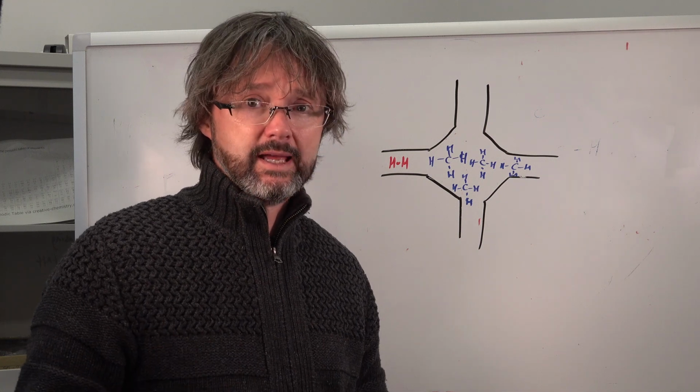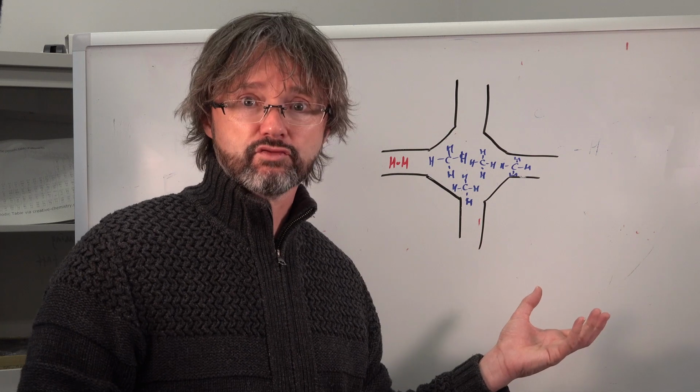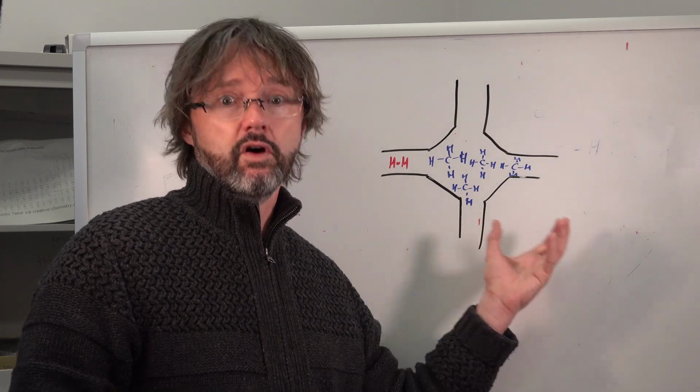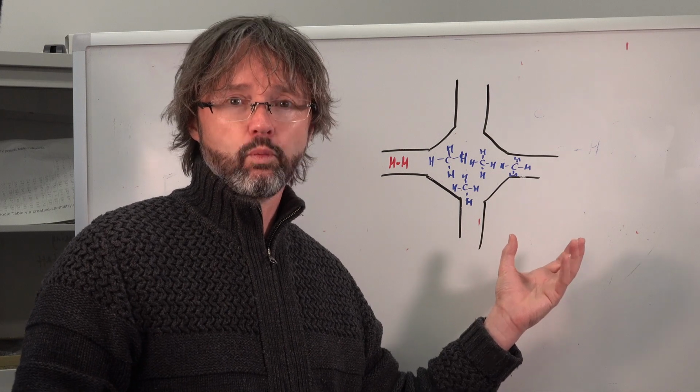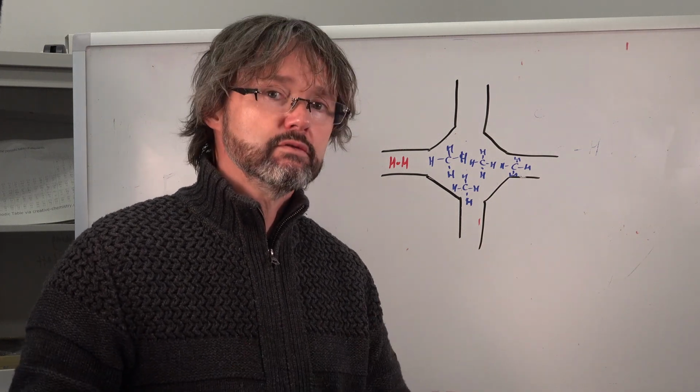Well, that's great, but we want to use these catalysts on an industrial scale. We want to be processing tons of butane gas at one particular time. How do we do that? By using moles.